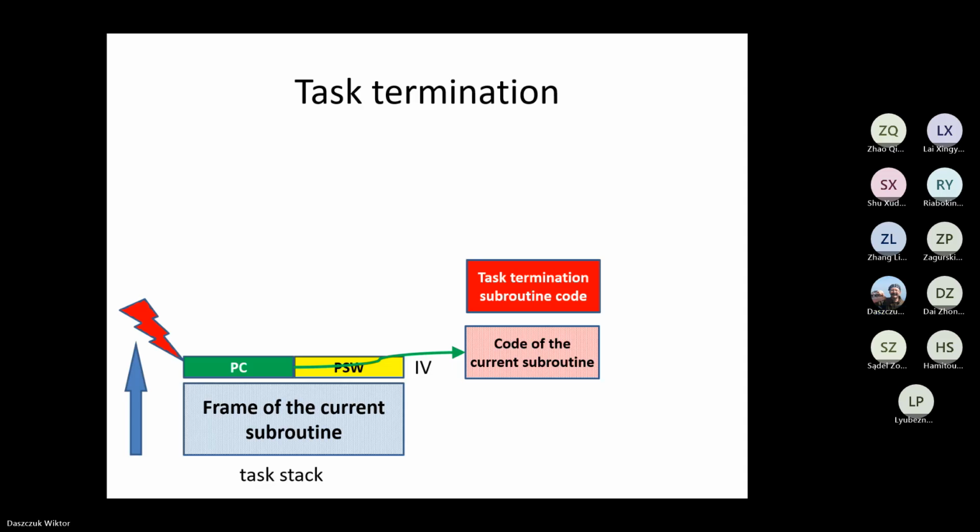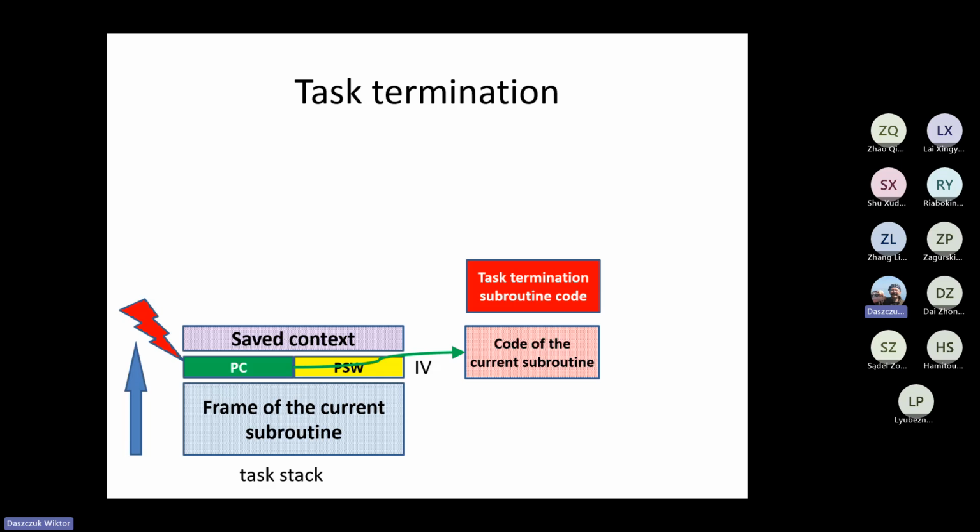And in the interrupt, the interrupt vector is pushed on the stack. The interrupt vector contains program counter and flags. Program status word is flags. And of course, this program counter points somewhere to the code of the current procedure. It's obvious.